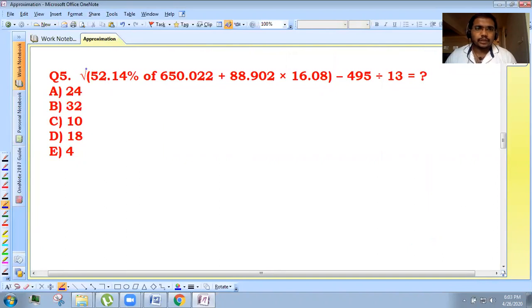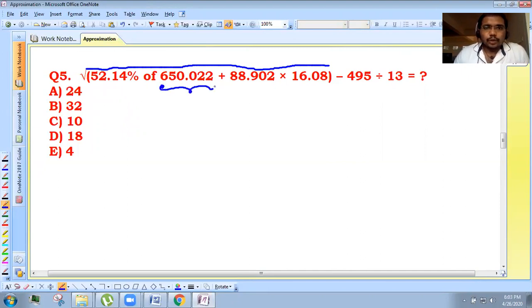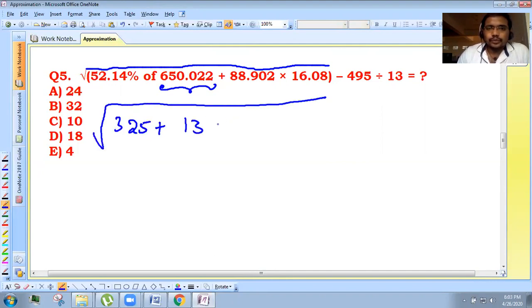So see this question. 52% of 14% of C. This under root value is for the entire bracket value. So this is 52%. You have to calculate it in 650. 50% is what? 325. 2% is 13. All of this is under root.